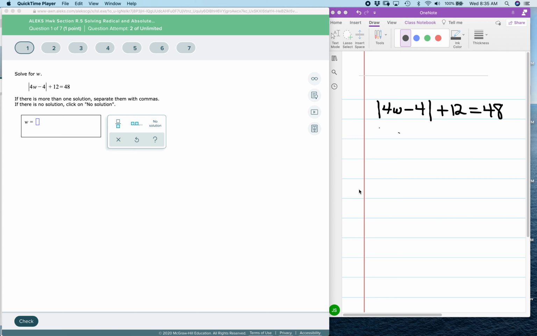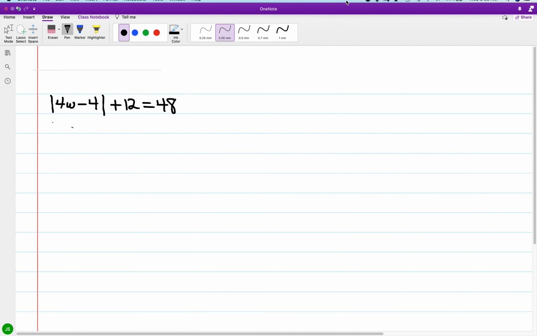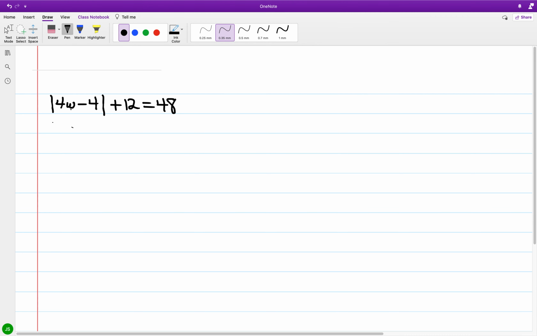Okay, for this second part of ALEKS Section R.5, we have an absolute value equation: the absolute value of 4w minus 4, plus 12, is equal to 48. The objective right now is to isolate the absolute value of 4w minus 4.